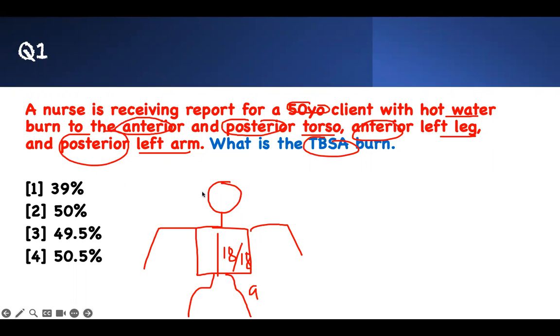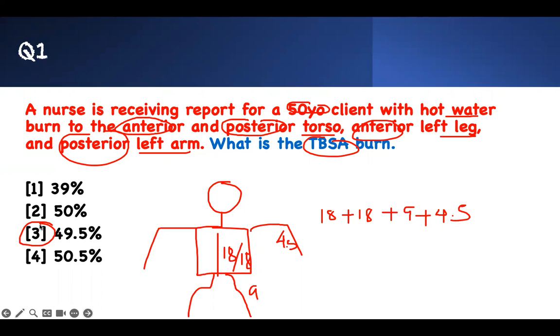Posterior left arm, the back side, is 4.5. Then you add them: 18 plus 18 plus 9 plus 4.5. And this will give you 49.5. You have to be able to break each line down to be able to add it together.